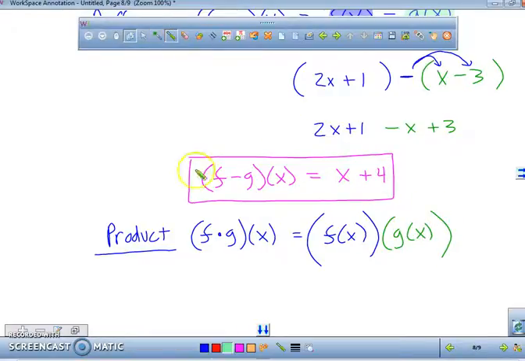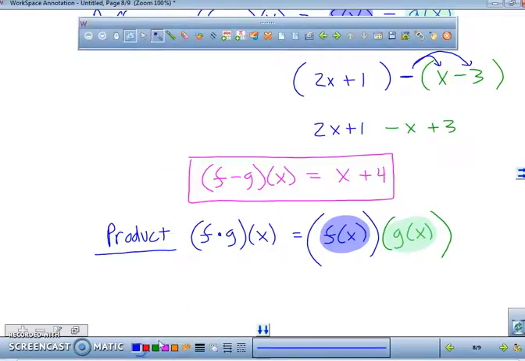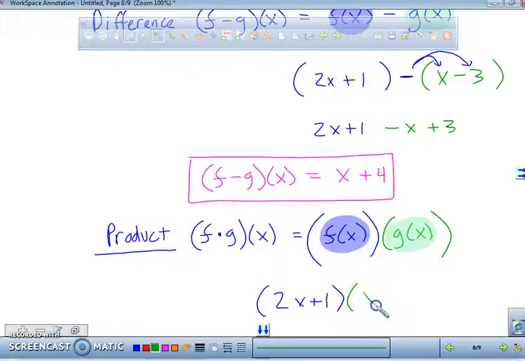I realize you see a whole bunch of parentheses there, so don't get confused. We're basically taking f of x and multiplying it by g of x. So here we go. In parentheses, f of x was equal to 2x plus 1. And in parentheses, g of x was equal to x minus 3.